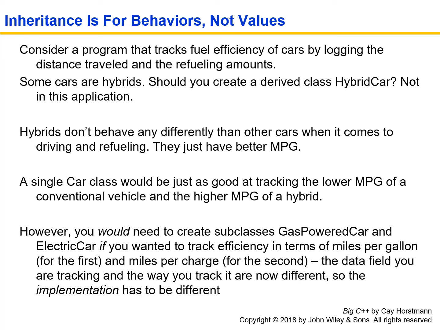In this case, no. The only difference between the hybrid and the regular car is that the hybrid just has a better miles per gallon rating, but a single car class would be just as good at tracking the lower number MPG for a conventional vehicle and the higher number MPG for a hybrid.